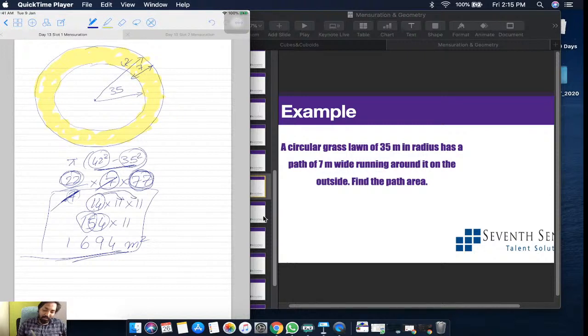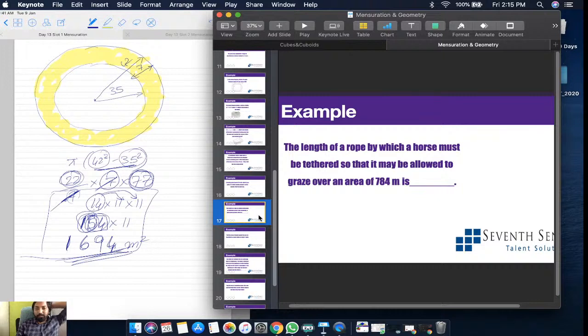I kept 11 aside because multiplication with 11 is always easy. 14 into 11 is 1 this side, 4 this side, 1 plus 4, 5. 154 into 11 is 1 this side, 4 this side, 5 plus 4, 9, 5 plus 1, 6, 1694. That's how I multiply with 11. I hope you understood. The next question.